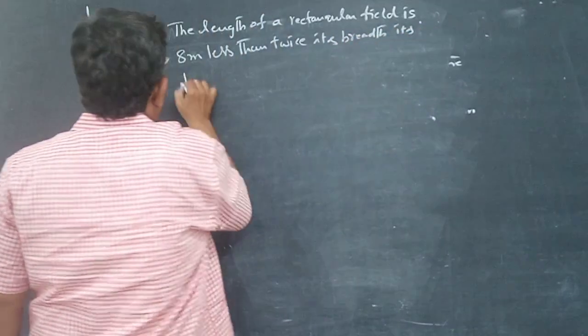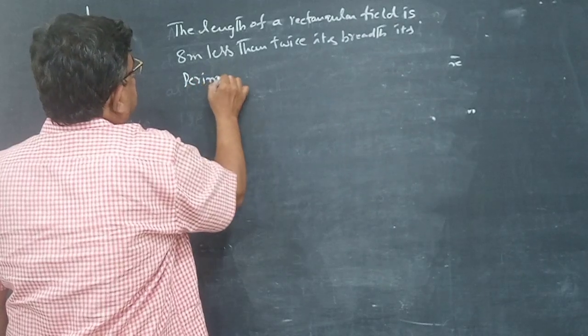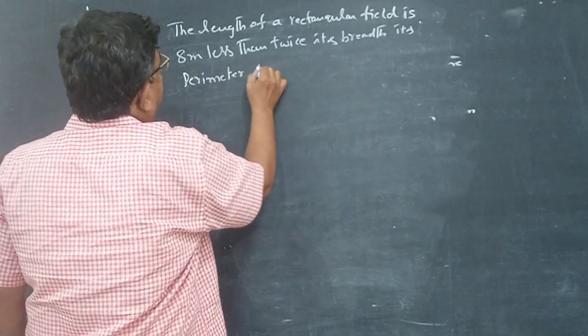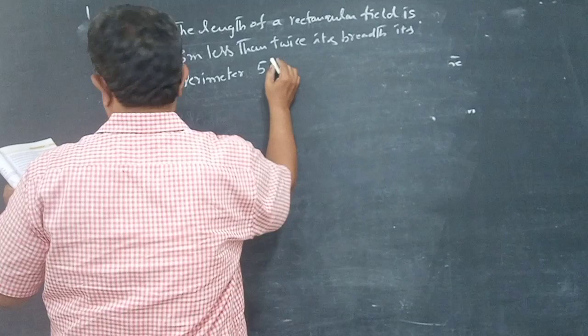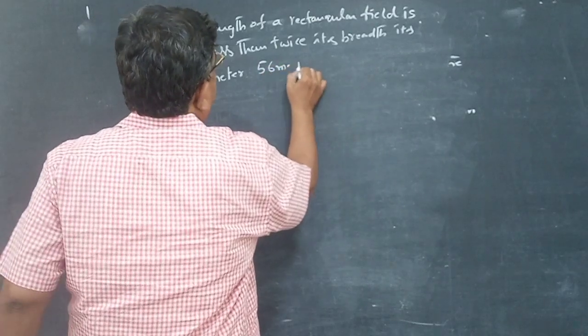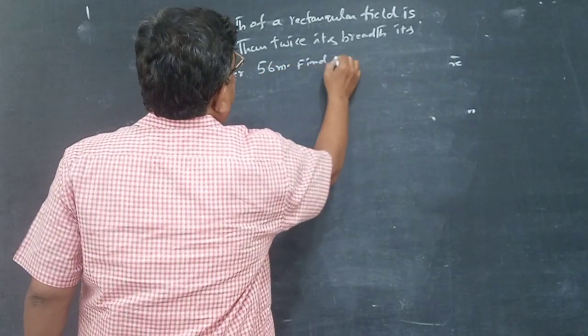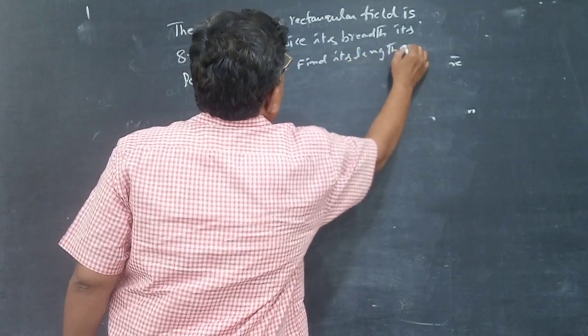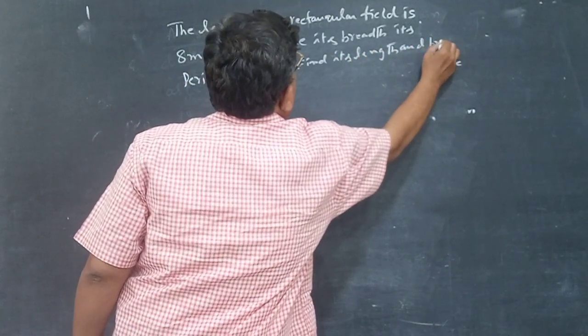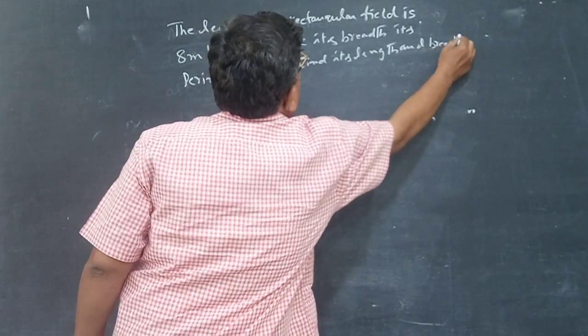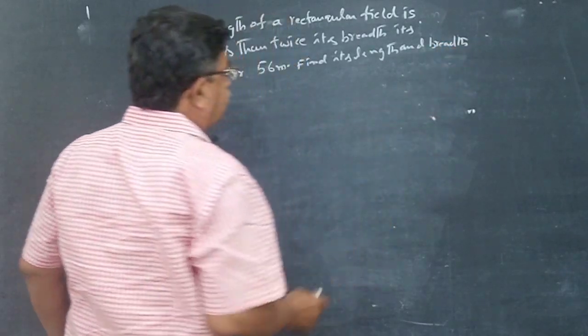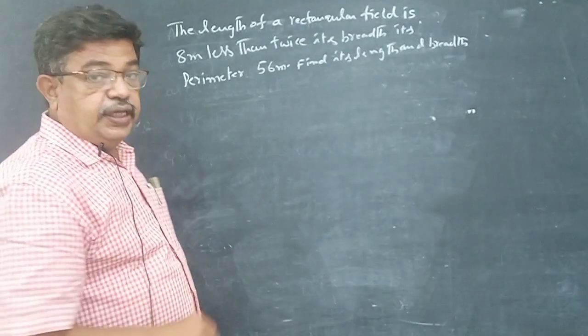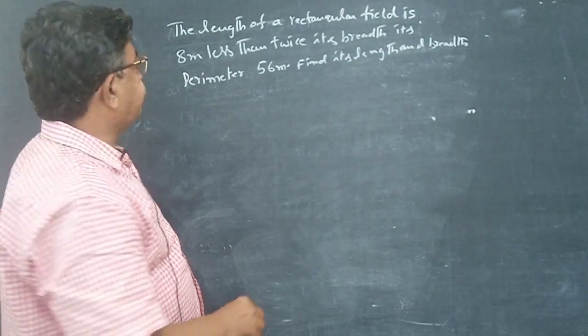Its perimeter is 56 meters. Find its length and breadth. Same formula, everything is same. Only the change is in the condition.